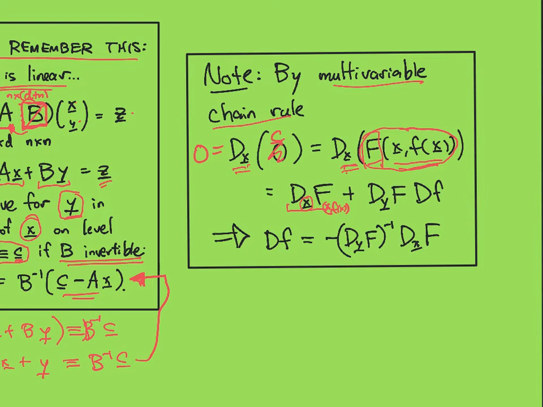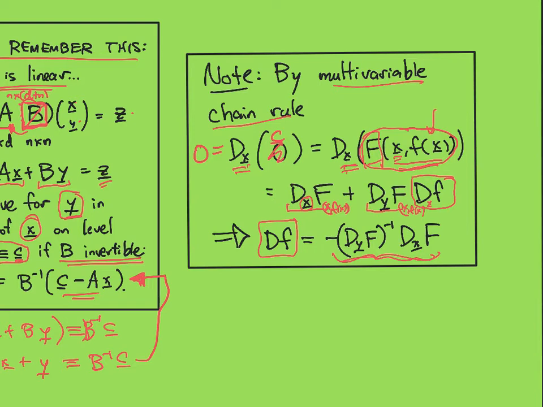So we'll have the derivative with respect to the x variables plus the derivative of capital F with respect to its y variables times the derivative matrix of little f inside here. And so it only has x as variables, so I could write it there. And then from here, you can solve for the derivative matrix of little f to be expressed in terms of the derivative matrices of big F.